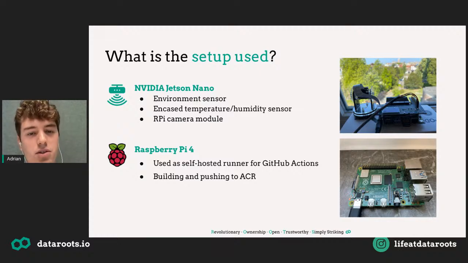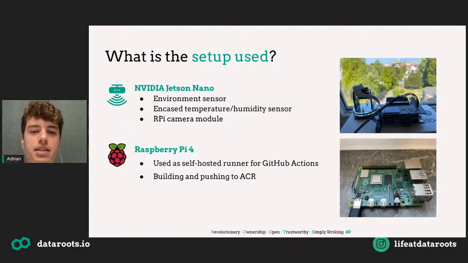What is the setup that we used? The Edge device is the Jetson Nano, the Nvidia Jetson Nano. So it's an Edge device with a GPU that is optimized, so it's perfect for inference on the Edge. And we will also have an encased temperature and humidity sensor, which is here because we have a problem.